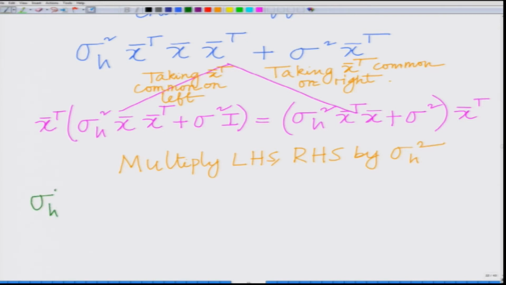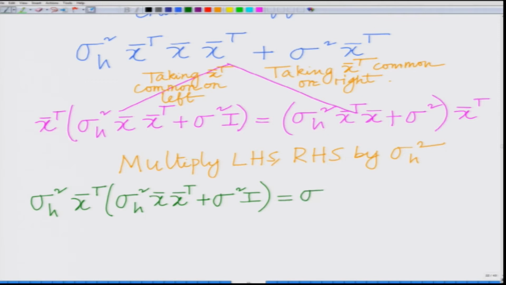We have sigma h square into x bar transpose sigma h square x bar transpose plus sigma square identity. This is equal to, well, sigma h square is a scalar, so it can go anywhere, sigma h square x bar transpose x bar plus sigma square times x bar transpose.